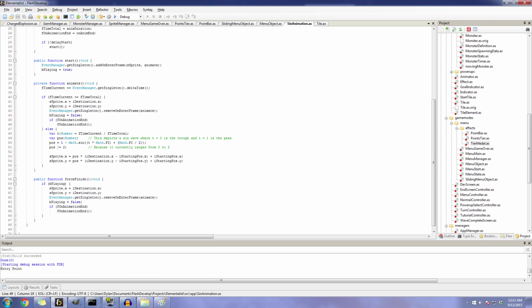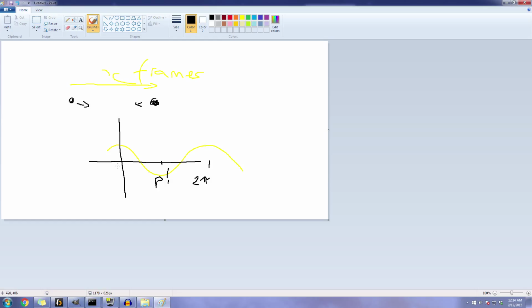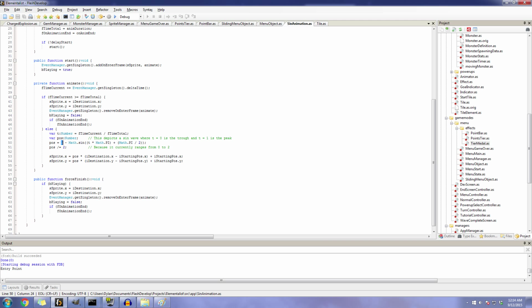So we also want this to range from 0 to 1, where 0 is where we started, and 1 is where we're finishing. I always forget whether a sine wave starts like that or like that, but it is one of those. And we take that and go into this little bar thing here.